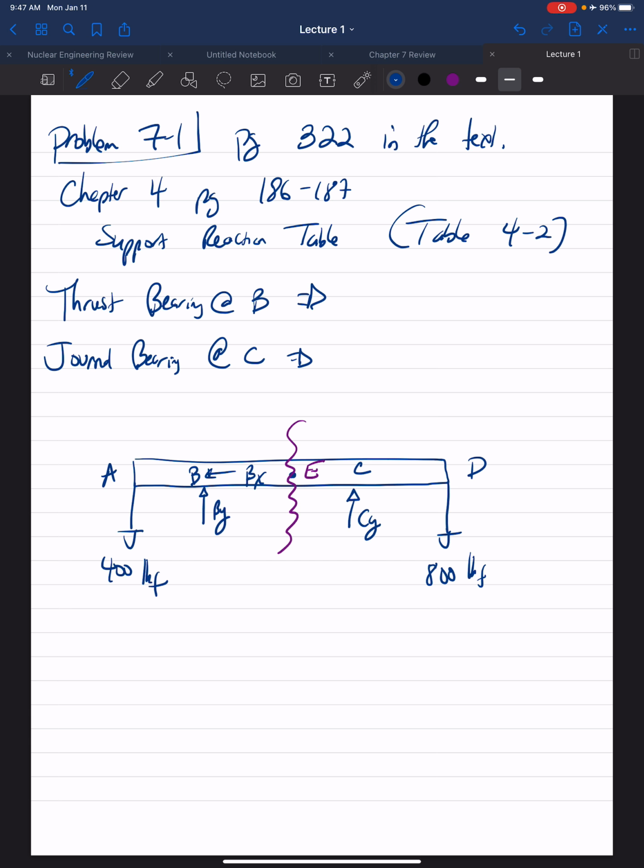And the 400-pound force causes positive counterclockwise rotation about point B and is separated by a distance of 4 feet. Set it equal to 0. Solve for our Cy. That's 1,000-pound force.